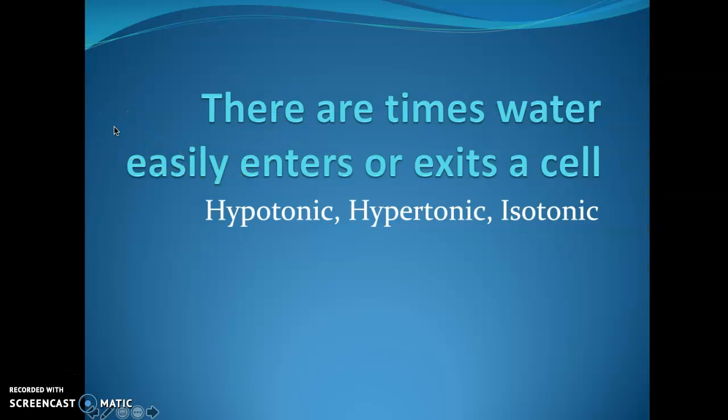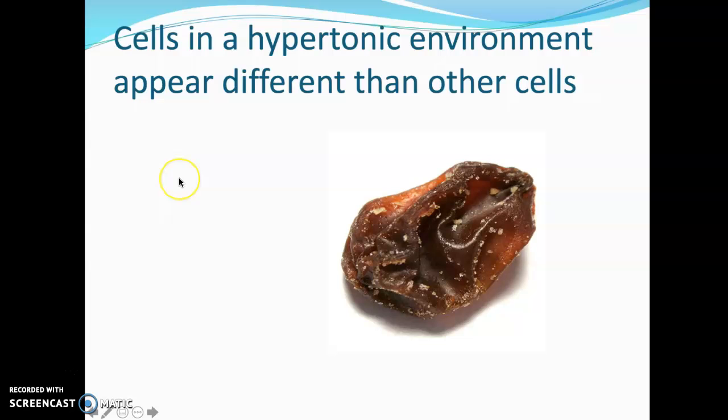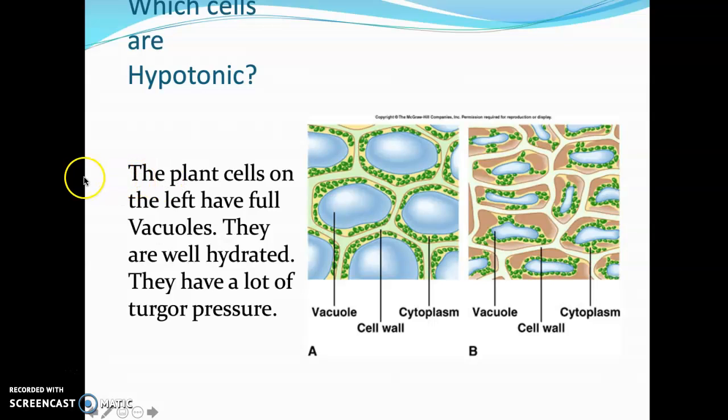There are times water can enter and exit a cell in a hypotonic or hypertonic environment. Cells lose turgor pressure. Okay, so which plant cell is in a hypertonic environment and which plant cell is in a hypotonic environment? Can you figure that one out?